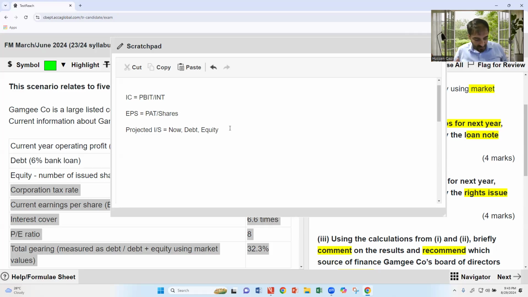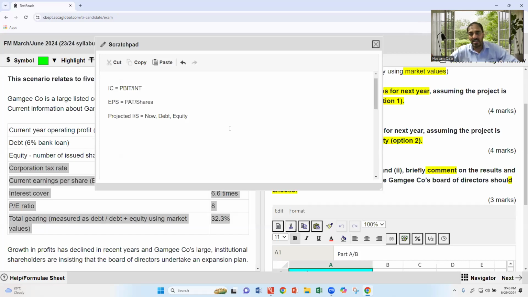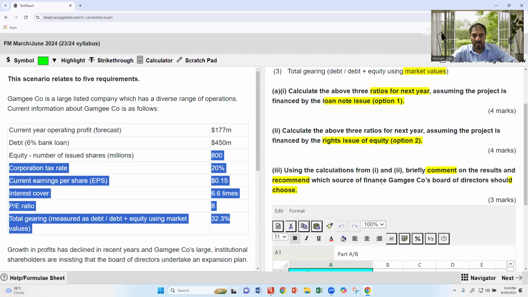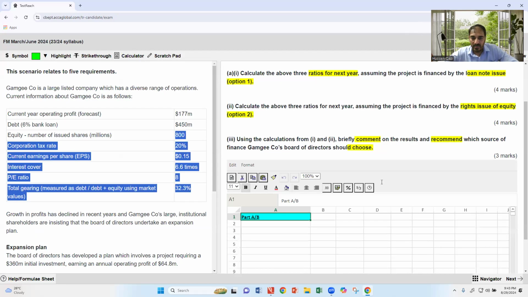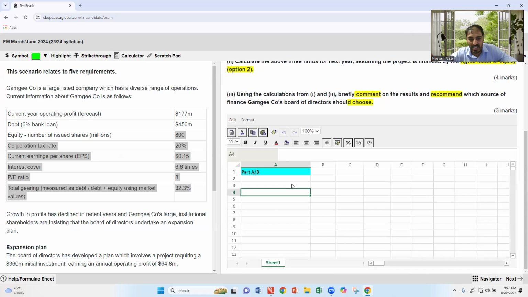Number two, the structure of the answer. Here the structure of the answer is very clear, and the structure is the ratios.